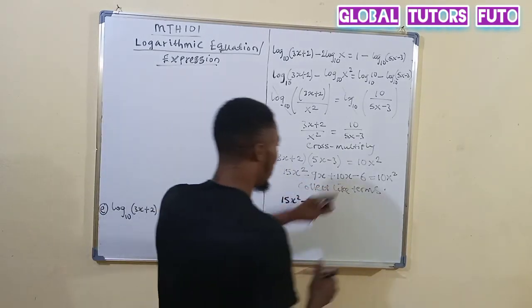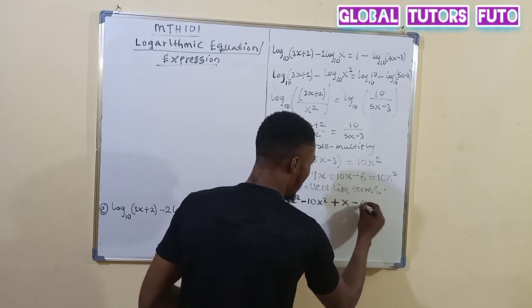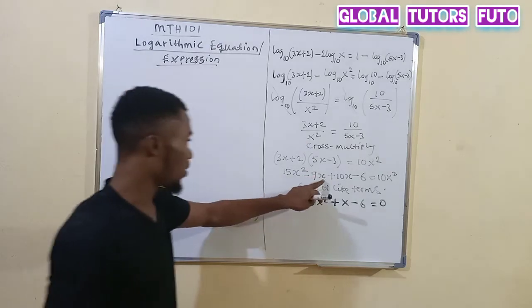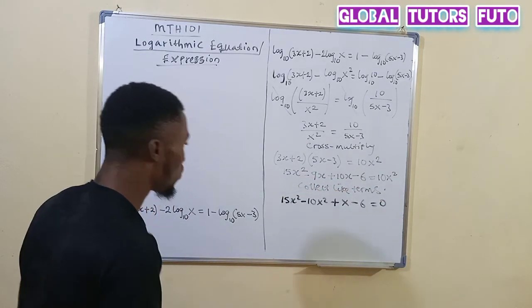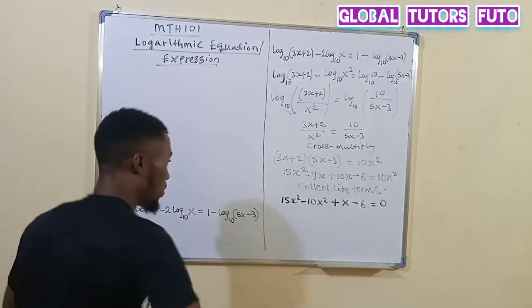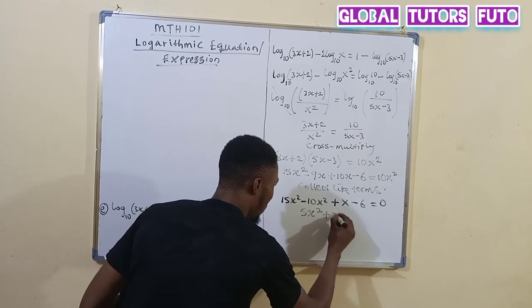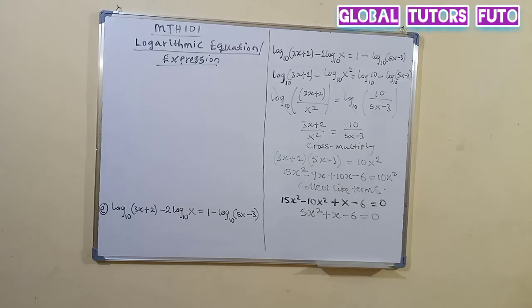Minus 9x plus 10x will give us plus x, minus 6 equal to 0. Minus 9x plus 10x will give us just x, then minus 6 equals 0. So 15x squared minus 10x squared will give us 5x squared plus x minus 6 equal to 0.